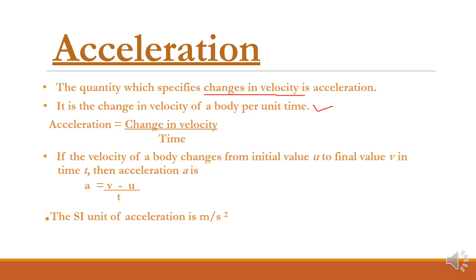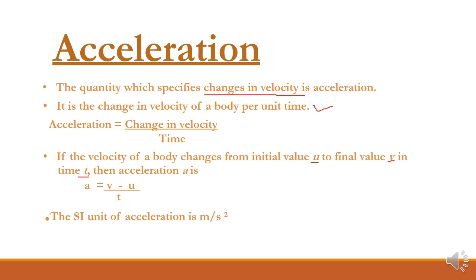So let us specify, if the velocity of a body changes from initial velocity u, we will be defining initial velocity as u and final velocity as v, in time t.